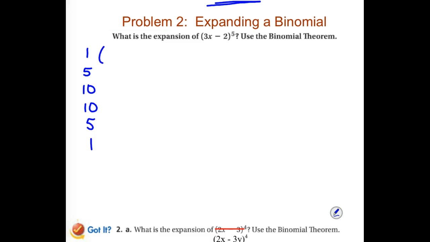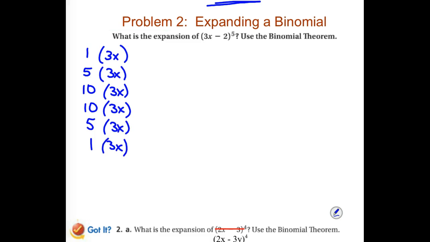Next, we're going to multiply by our first term. What's our first term in this case? The 3x. So we're going to take 3x. Each one of these pieces is going to need a 3x. And what did we say happens to that first term's power? Does it start high and go low? Does it start low and go high?